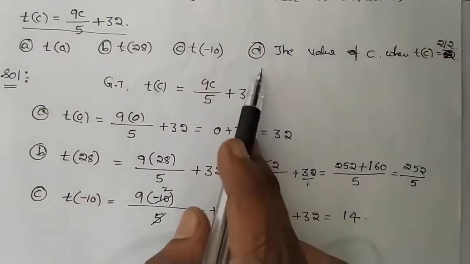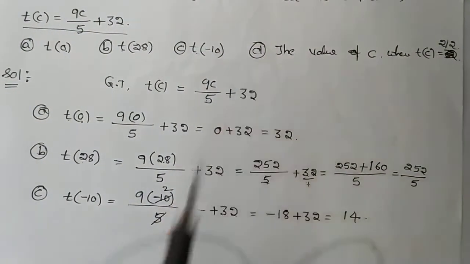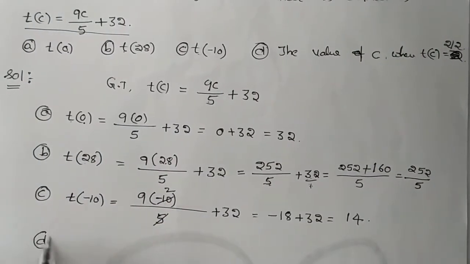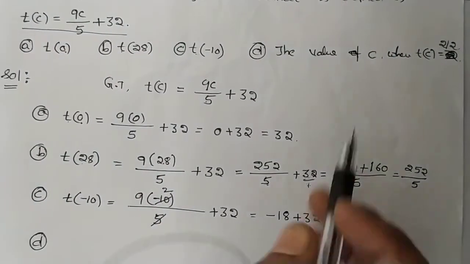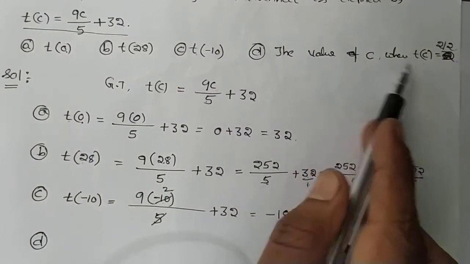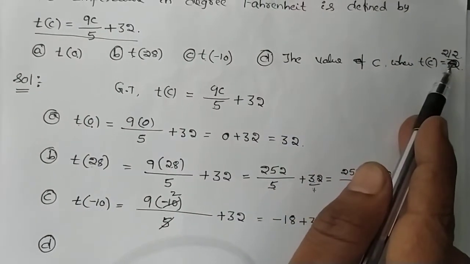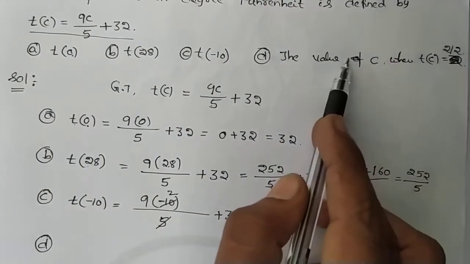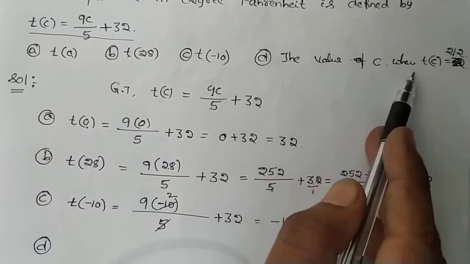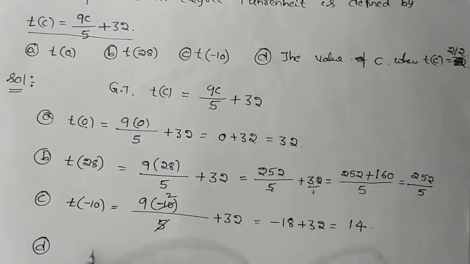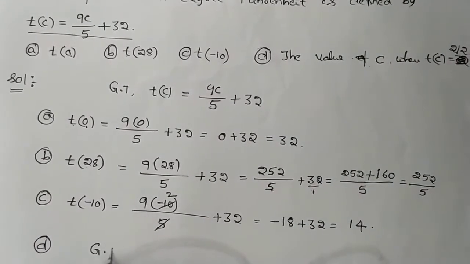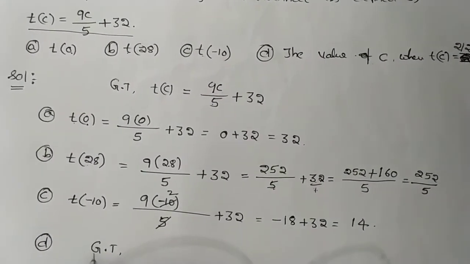Next, let us move on to the fourth sub question, D. You just observe the question. We have to find the value of C when T of C equals 212.